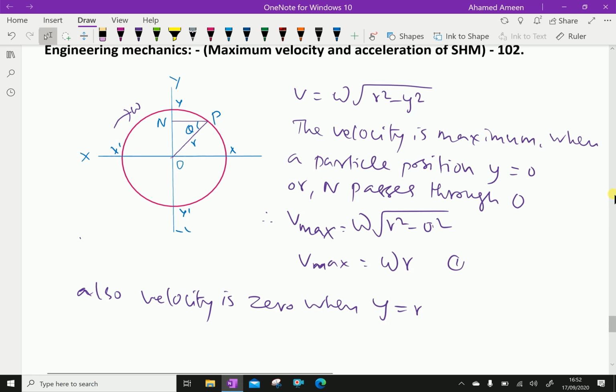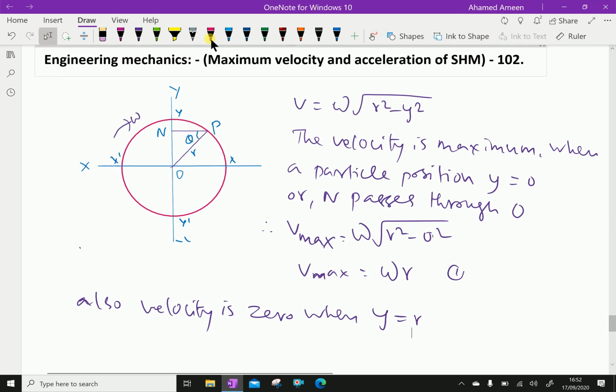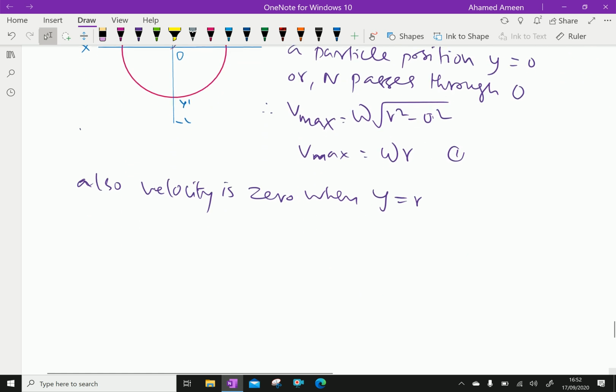That means the velocity is 0 at this position, suppose P comes here or here, the velocity is 0 when y equals r.